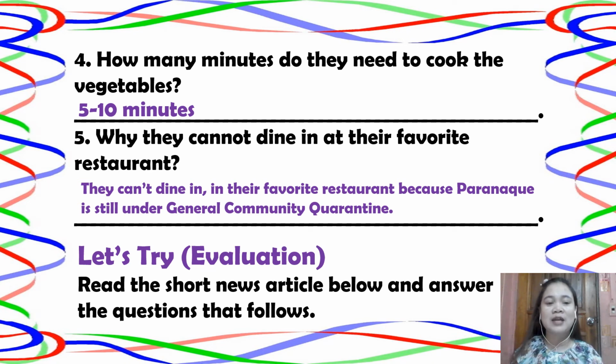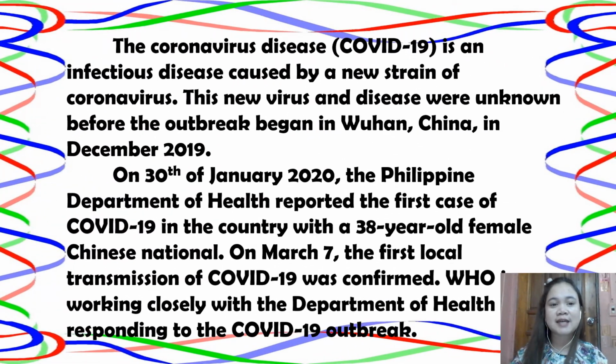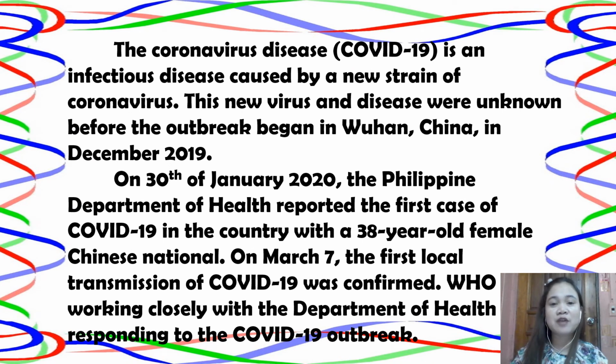Now, for our Let's Try, read the short news article below and answer the questions that follow. Here is the article. The coronavirus or COVID-19 is an infectious disease caused by a new strain of coronavirus. This new virus and disease were unknown before the outbreak began in Wuhan, China in December 2019.